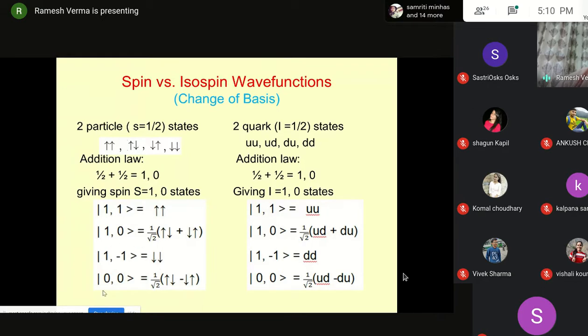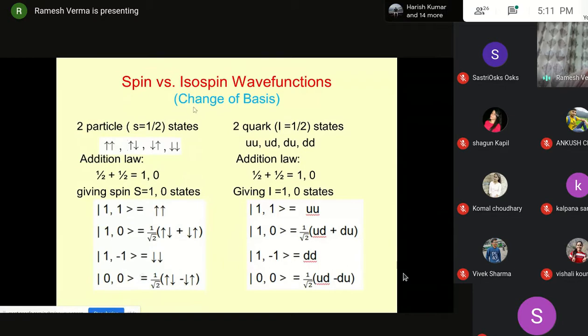But for |1,0> and |0,0>, the state comes out to be a combination of up-down and down-up with plus and minus signs, and the root 2 is there as the normalization factor. So precisely these 1 over root 2 factors with plus and minus signs are nothing but Clebsch-Gordan coefficients. They tell you how states are combined to give us the physical states. In that way, this is essentially a change of basis.